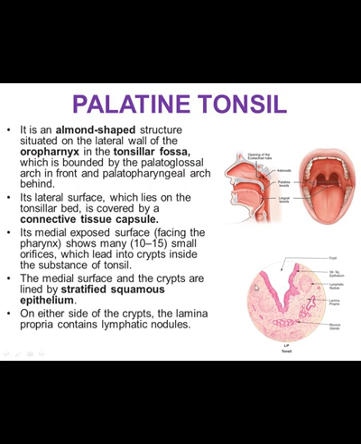If we see the crypt, on both sides of the crypt, there are lymphatic nodules, and they are present in the lamina propria. There is the epithelium of the crypt, which is stratified squamous non-keratinized epithelium, and these are the lymphatic nodules in the lamina propria.